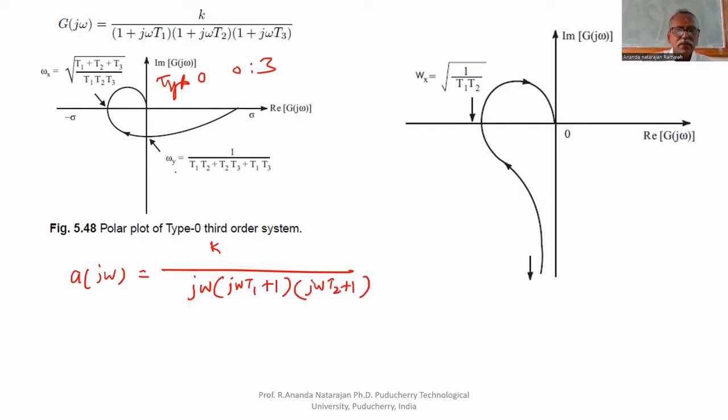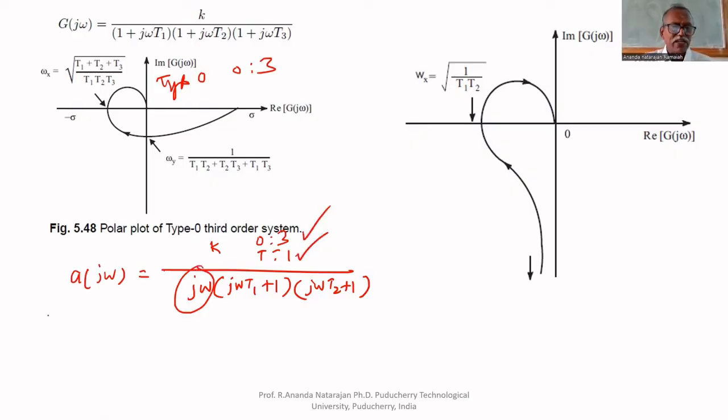What is the order? Order is 3, type number is 1. What is the degree of the denominator? 3, therefore order 3. Type number is 1 because one S is there in the denominator.